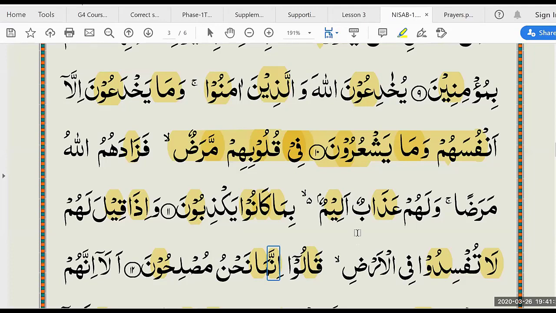Yeah, you need to say ghunna here. Innama. Exactly, well done. So you might have forgotten to do it, but when you were reciting it, you didn't do it. Just keep in mind that you have to do a nasal sound, okay?